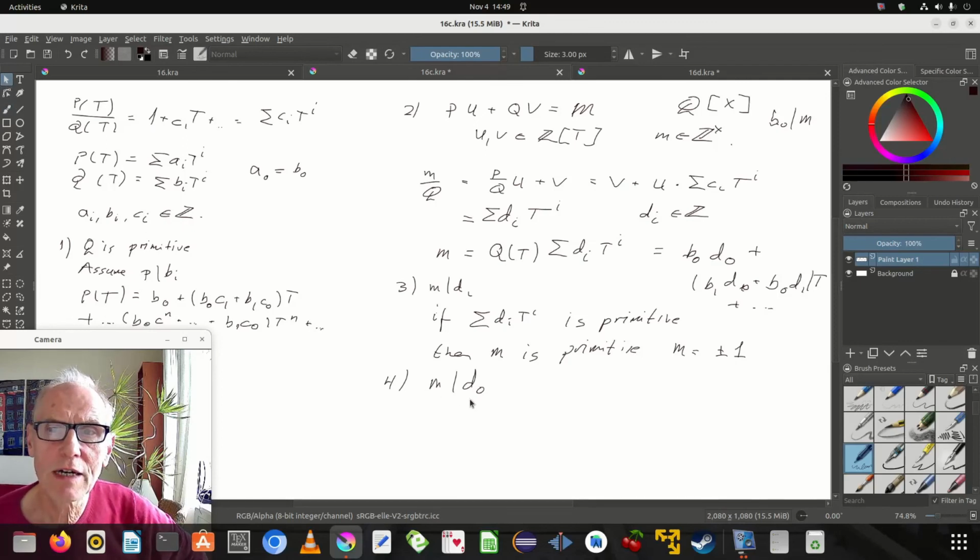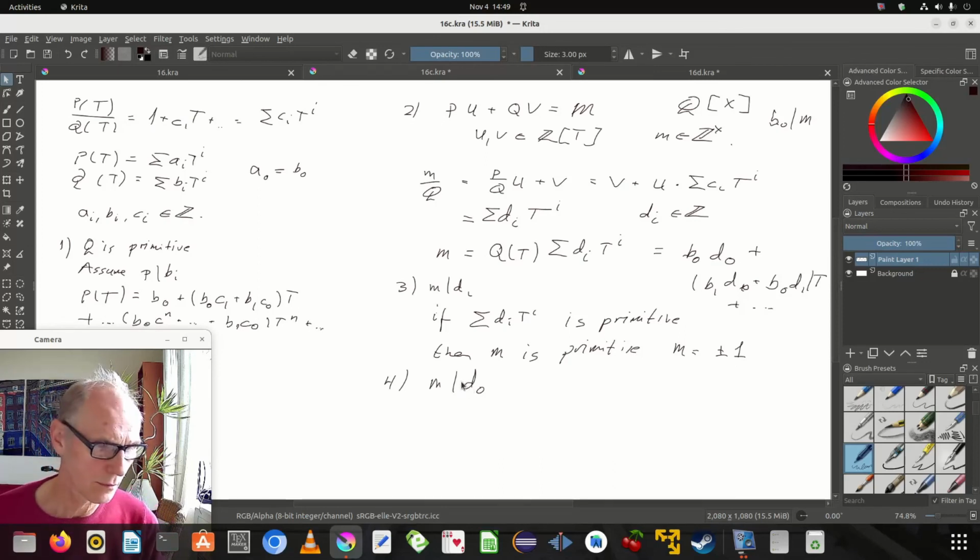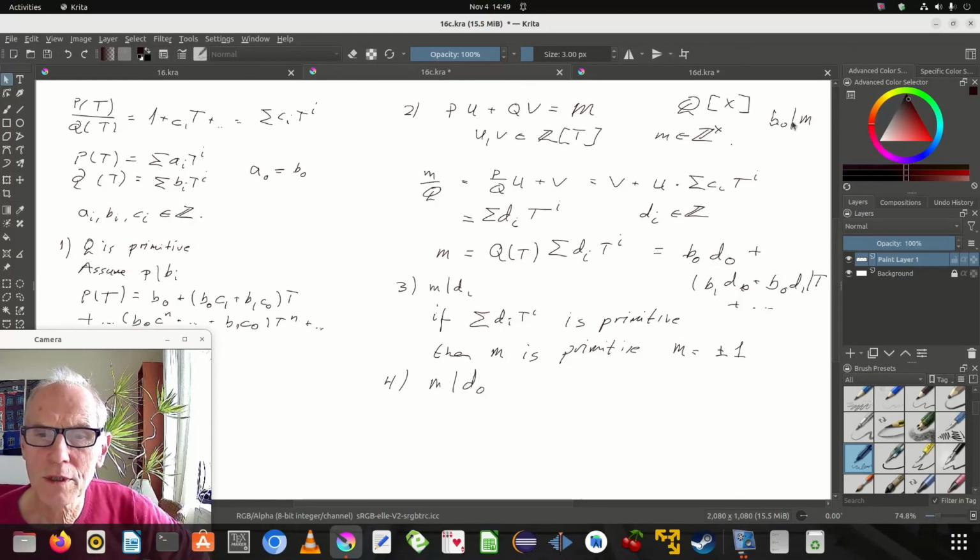If m divides d_0 or b_0, this means that b_0 vanishes. b_0 divides m, m divides d_0.